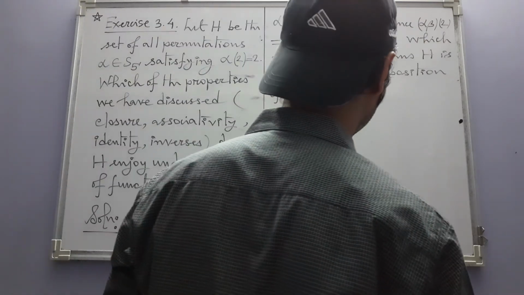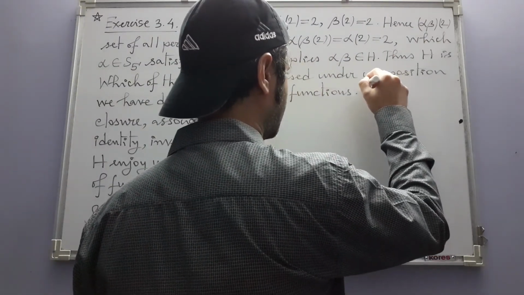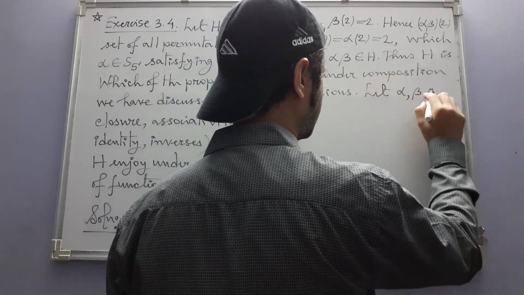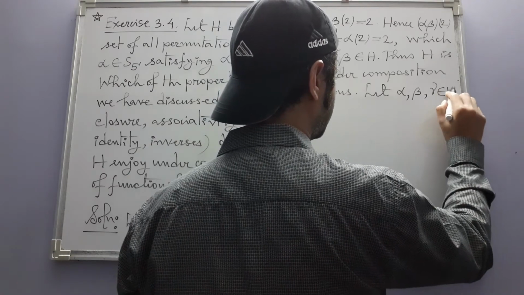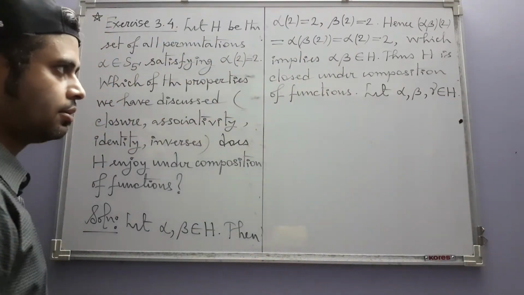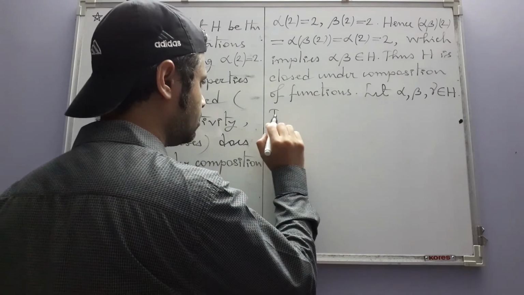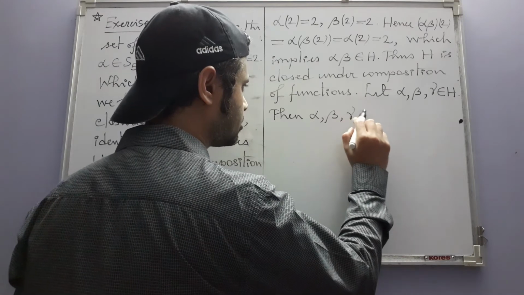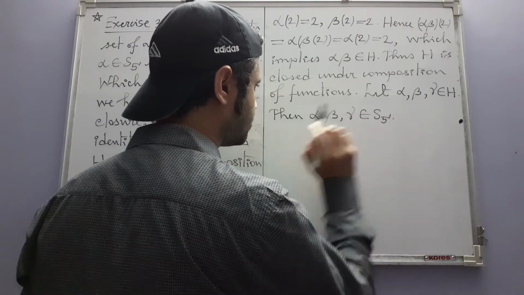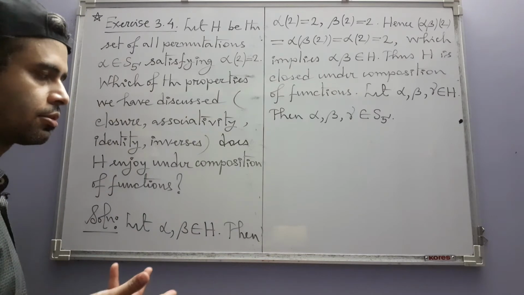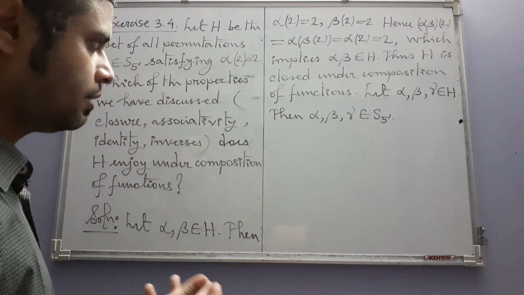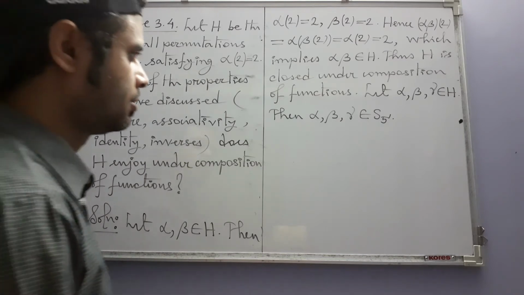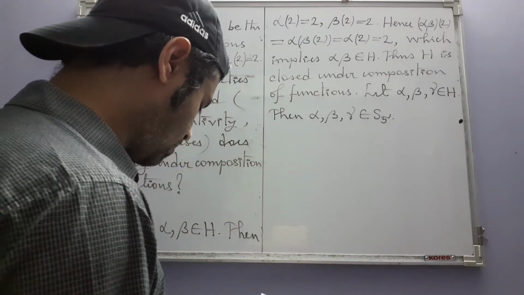Next, associativity. Let alpha, beta and gamma be three elements in H. Then they are also three elements in S5, and we saw before that in S5 composition of functions is associative, and that fact comes from theorem 1, 2.